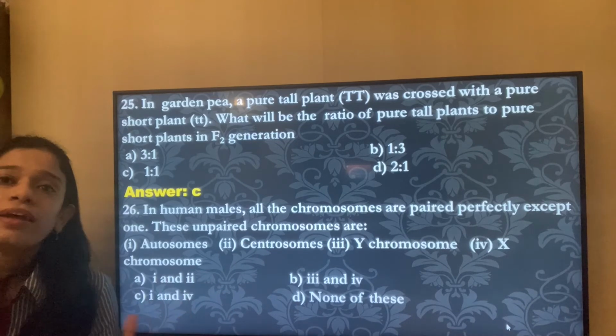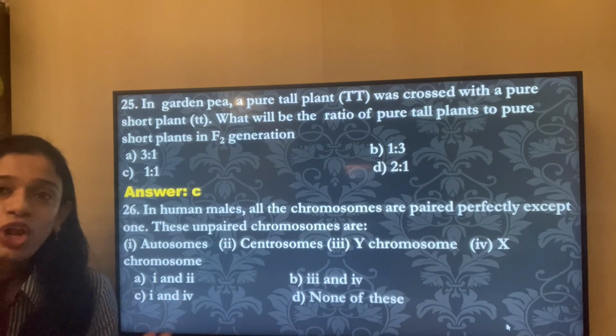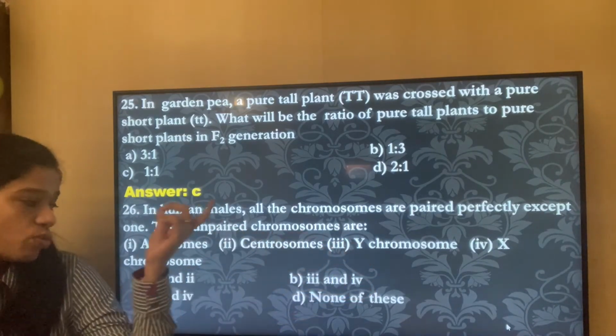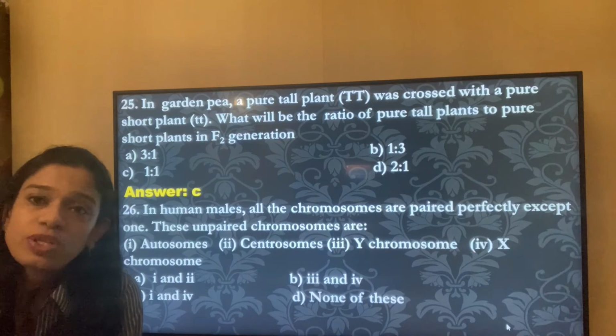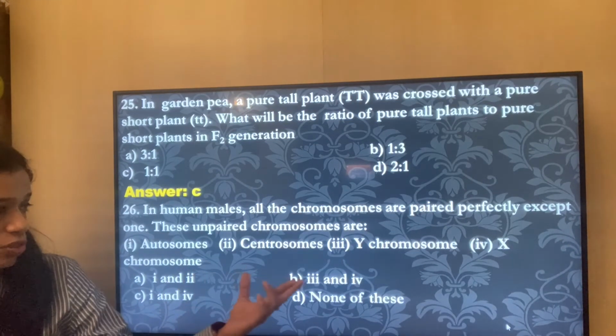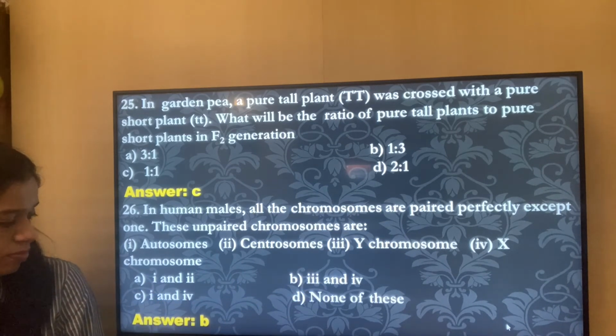Centrosomes are not a part of the chromosome, and they are not related to the pairing of the chromosome. Y chromosome and X chromosome are those which are not paired. So the answer should be 3 and 4, option B.